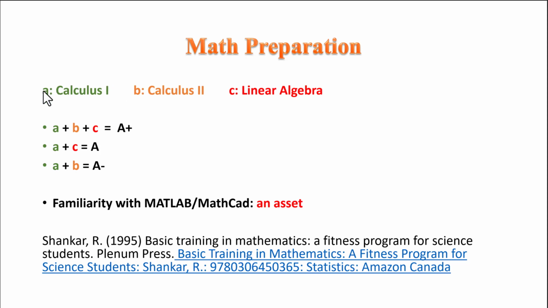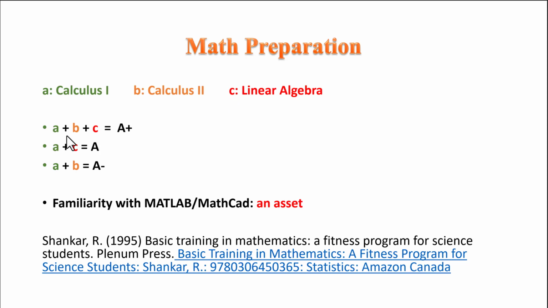Normally, the requirement is 2 terms of math, and many students would take Calculus 1 and Calculus 2, A and B here. Some would take a combination of Calculus 1 and a linear algebra course, A and C here. Depending on the program and the school, sometimes all A, B, and C are required.